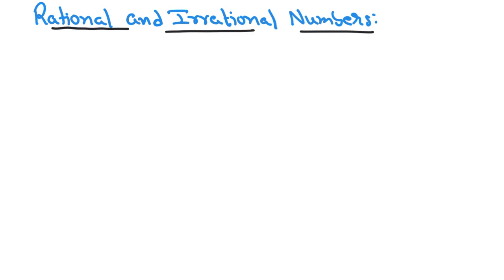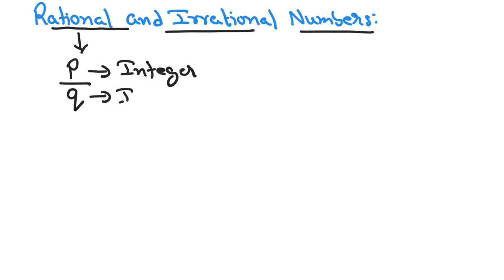Let's understand what rational and irrational numbers are. A rational number is any number that can be written as a fraction where the numerator is an integer. You know what integers are? And the denominator is also an integer. And of course, the denominator cannot be equal to 0.